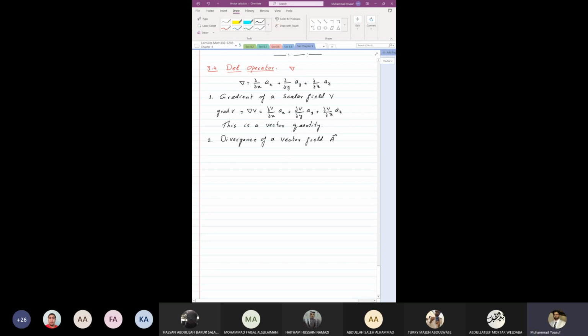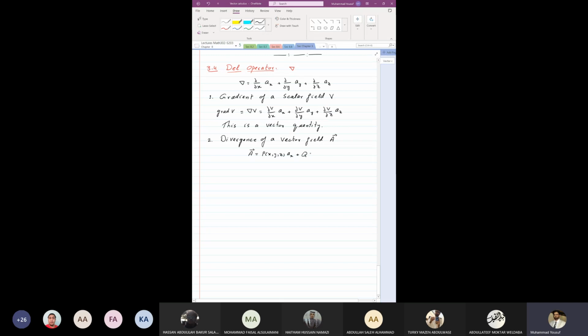As I said right before, a vector field, as we have seen in the example, is some function of x, y, z times unit vector ax. It can be in rho, phi, z. It can be in spherical. So let us first write it in Cartesian, and we can also do the same for the others.